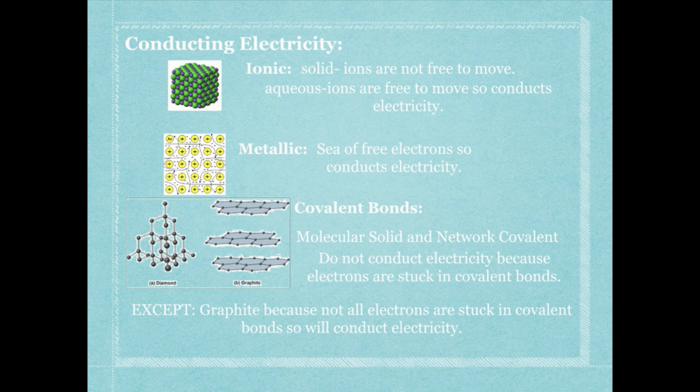Since those electrons are not stuck in covalent bonds, that means that they are free, so that molecule can actually conduct electricity. Since it has unbound electrons, graphite specifically is able to conduct electricity. The rest of the molecules that we've looked at, from molecular solids and network covalent, so diamond, silicon dioxide, those are not able to conduct electricity.